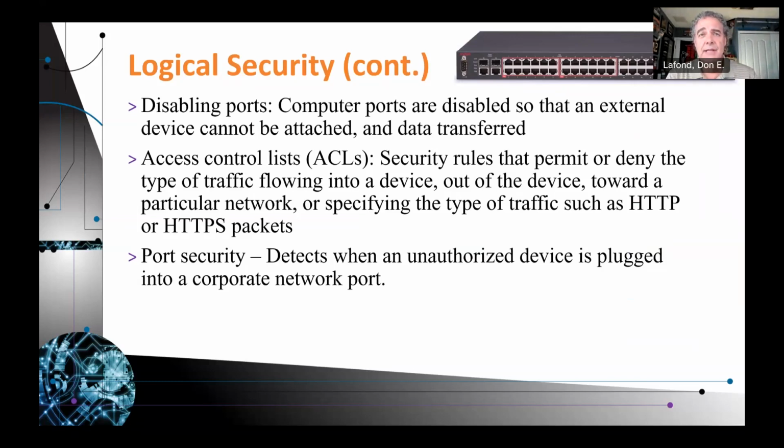Port security detects when an unauthorized device is plugged into a corporate network. So when I tried to bring up one of the computers in my classroom by taking the network connection from one working computer and connecting it to a non-working computer, absolutely nothing happened.